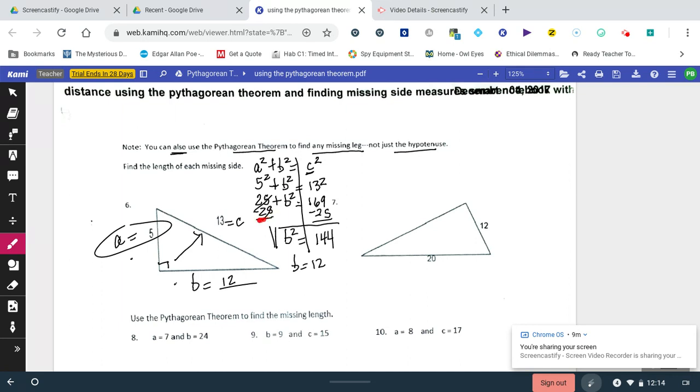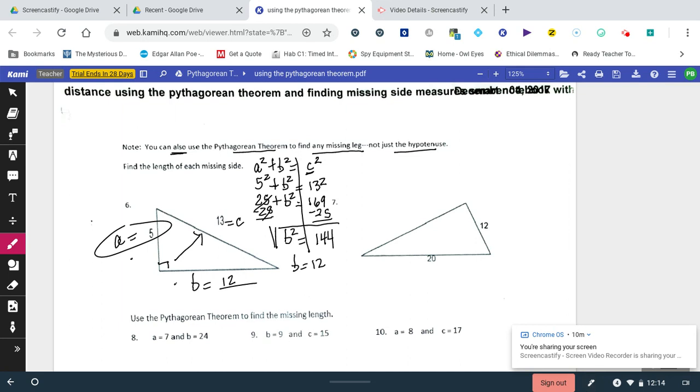But in this case, 25 and 169 are not on the same side. So to figure out the missing area that's on the leg, you subtract instead of add. So basically, when the areas are on the same side, add. When the areas are on different sides, subtract. Okay? Or just follow your process for solving an equation.